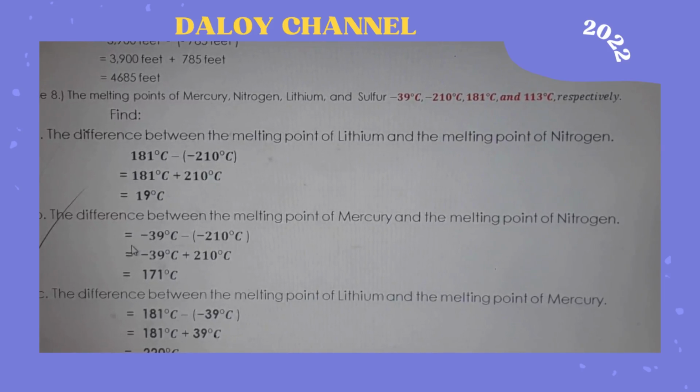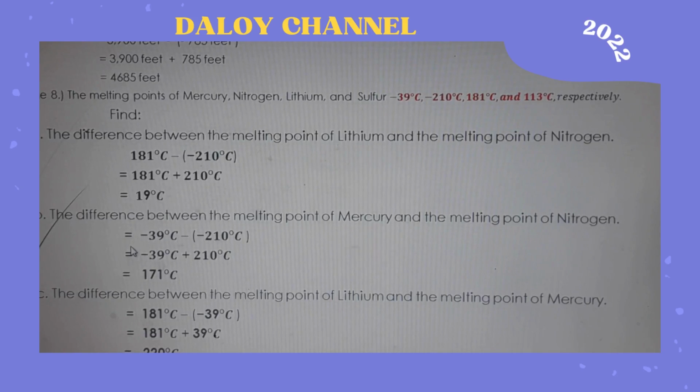For letter B, we are required to find the difference between the melting point of mercury and the melting point of nitrogen. So for mercury, we have negative 39 degrees Celsius to be subtracted by the melting point of nitrogen, which is equal to negative 210 degrees Celsius.